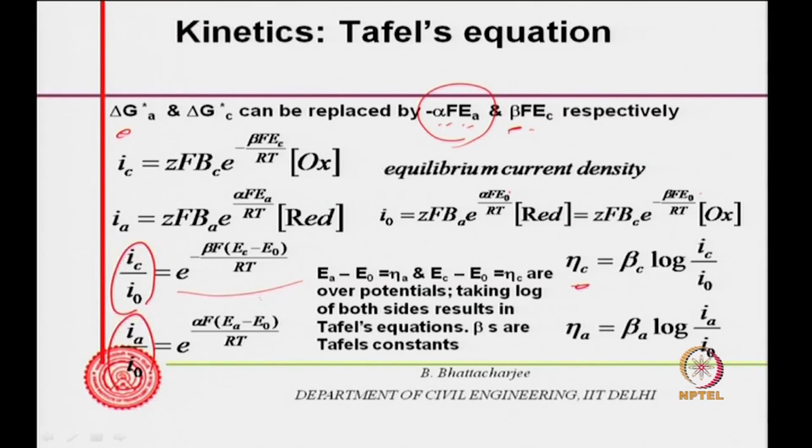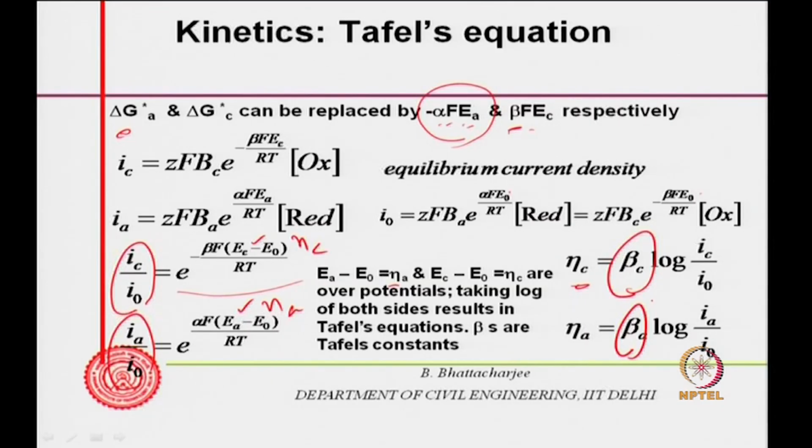So, eta C is nothing but over potential, this is eta C and this is eta A, and if I take ln or log of both sides, I will get some constant, I call it Tafel's constant, anodic constant, cathodic constant, and log of IC by I 0. So, these are called Tafel's curves.